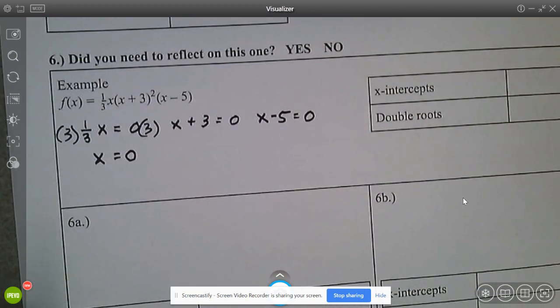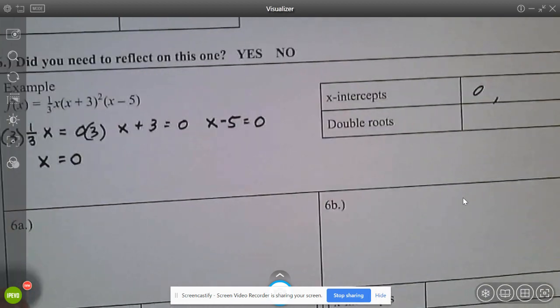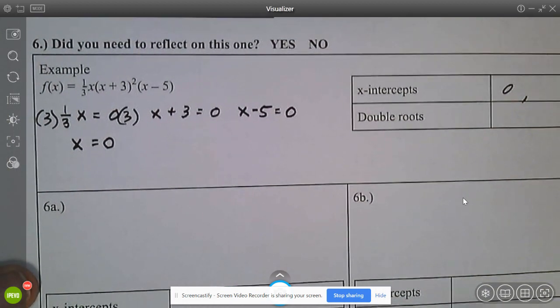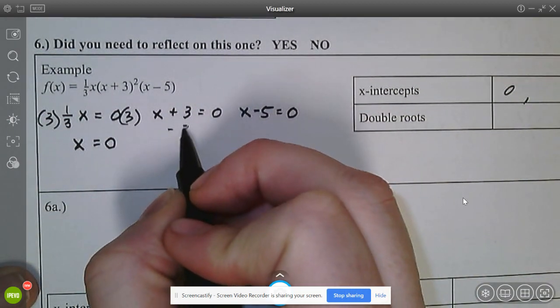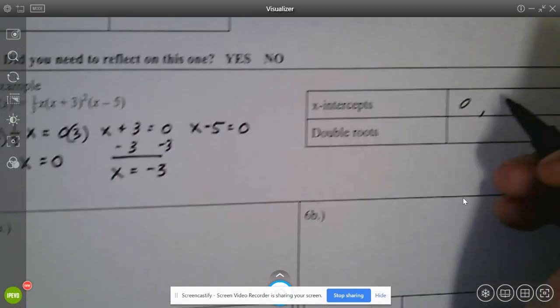So this is one of our x-intercepts. We know it's going to cross at 0, or touch at 0 maybe, and we'll talk about that in a second. The next one, I'm going to solve for x, and I get another x-intercept at -3.